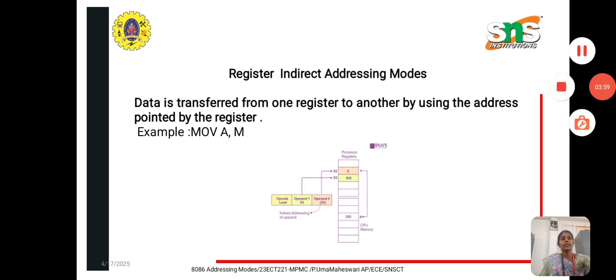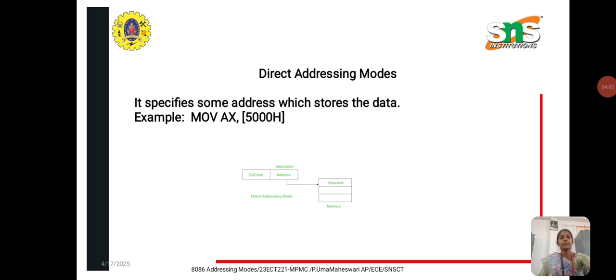In the direct addressing mode, the instruction specifies an address which stores the data. For example, MOV AX, 5000H. In this direct addressing mode, the address of the operand is directly included in the instruction itself, meaning the processor does not need to perform any calculations or further memory access to obtain the operand.